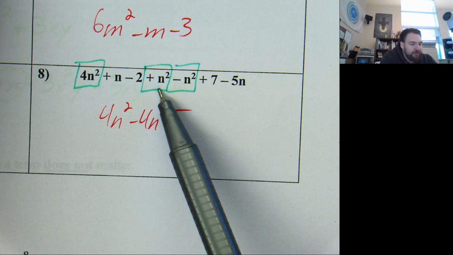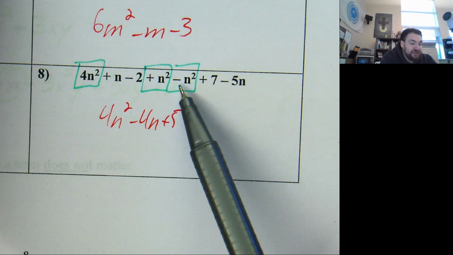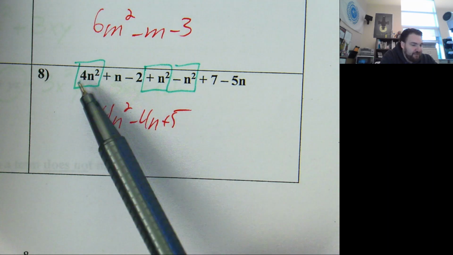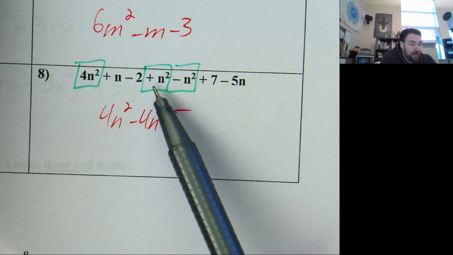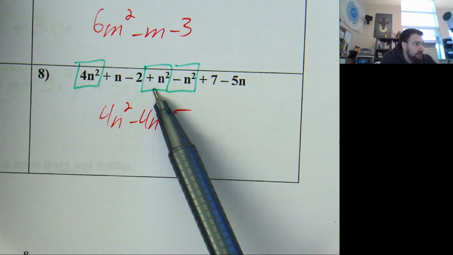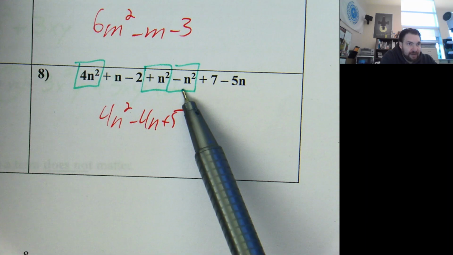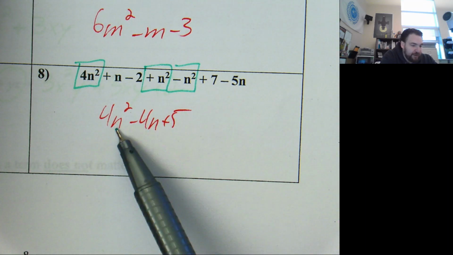When there is no number written, just a plus sign, the coefficient is a 1. Yes, Gabe, thank you. If it's just a minus sign, it's -1. So I've got 4n squared plus 1n squared, which is how many n squareds? Yes, Marcus, it's 5. Minus 1. Back down to 4. So there's my 4n squared.